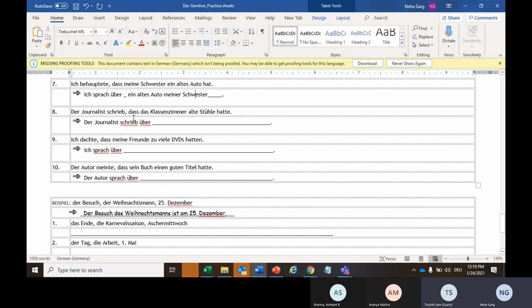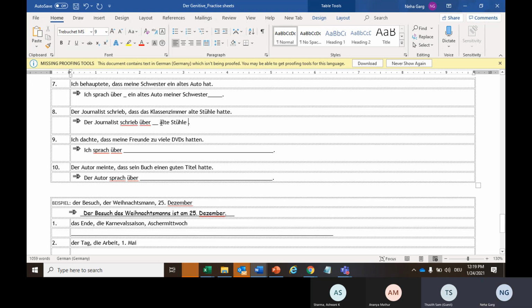Yeah. So der Journalist schreibt, das Klassenzimmer alte Stühle hatte. So the journalist schreibt über alte Stühle. Old stools of the classroom. Alte Stühle of the classroom. Is it just alte Stühle?